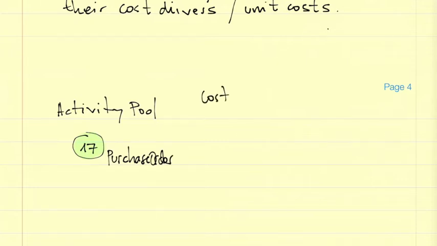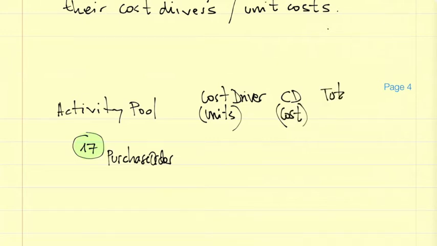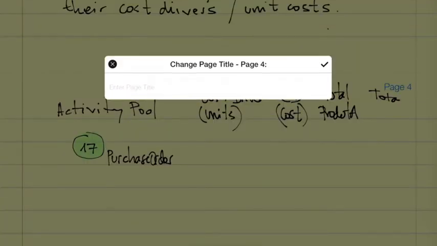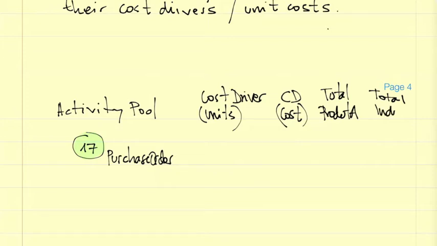Cost driver, in the units, cost driver, the cost, the total activity for product A, and the total indirect cost for product A. So the cost driver for the purchase order processing is the number of purchase orders.